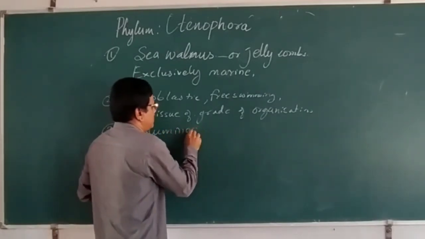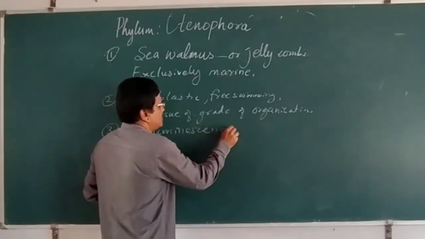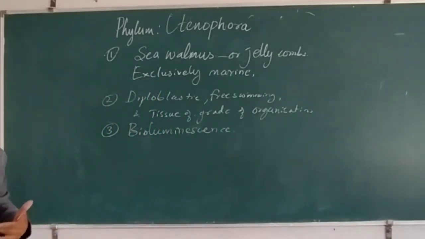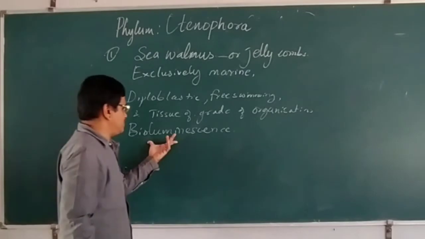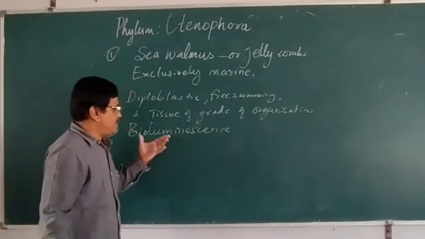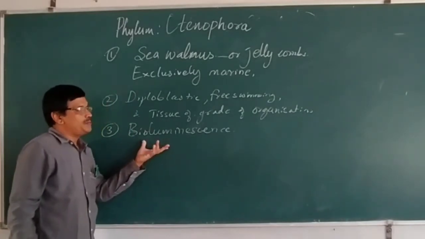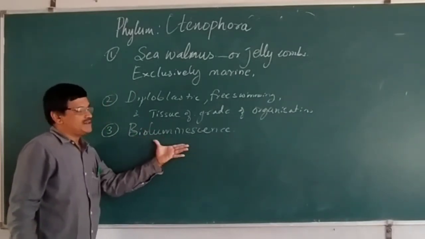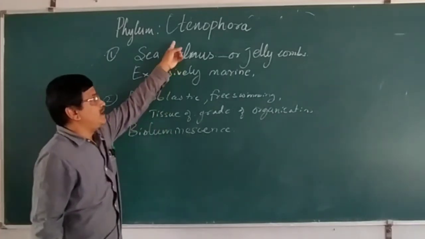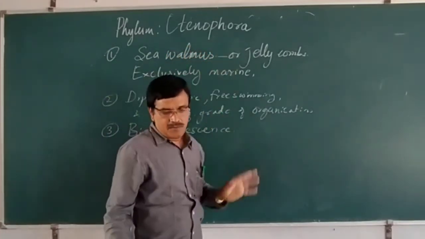That is, emission of light from the body of an animal. Emission of light from the body of an animal is known as bioluminescence. So this is a distinct and specialized characteristic feature of this phylum Ctenophora.